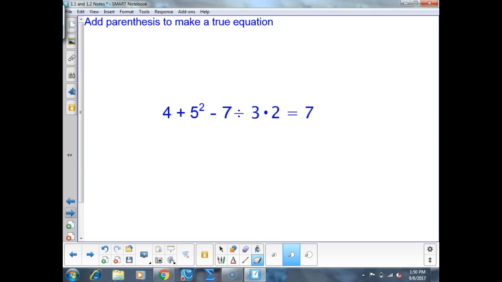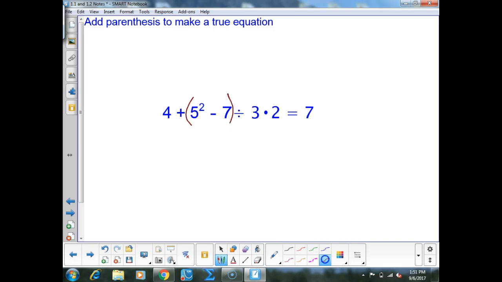Adding a set of parentheses to this particular one to make it a true statement, I would put a set of parentheses here and here.